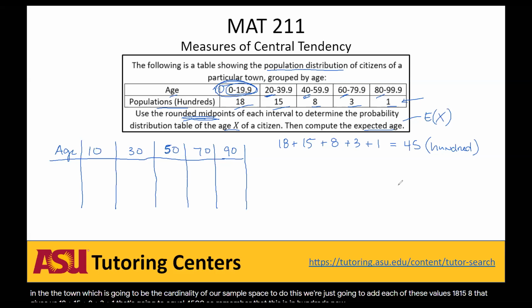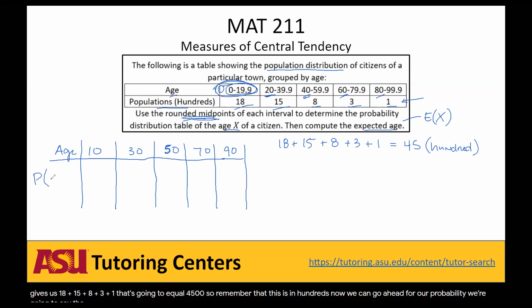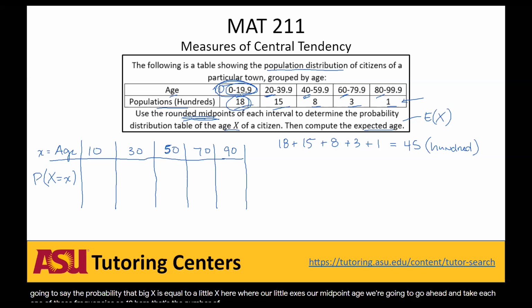So now we can go ahead for our probability, which we're going to say the probability that big X is equal to a little x here, where our little x is our midpoint age. We're going to take each one of these frequencies, so 18 here, that's the number of hundreds of people with the associated midpoint 10.